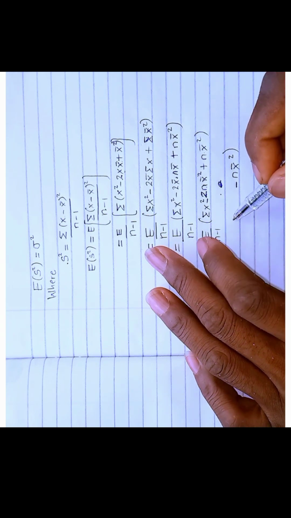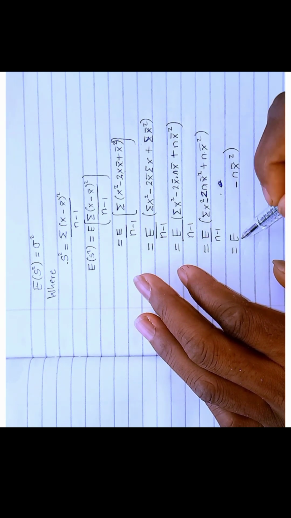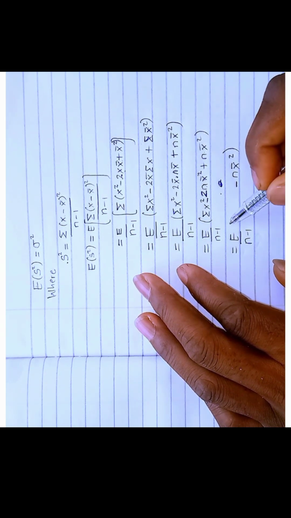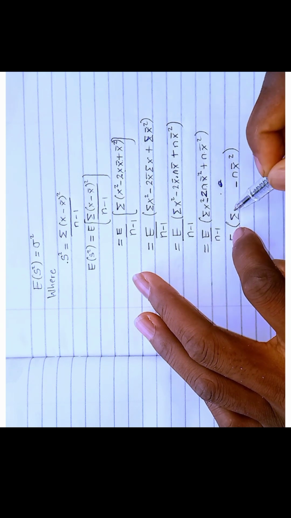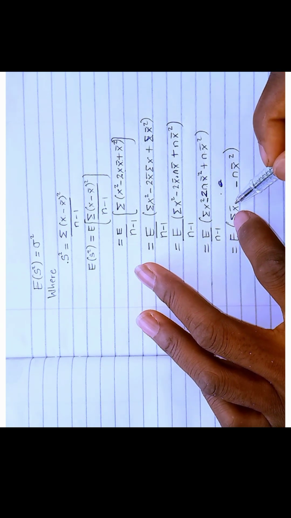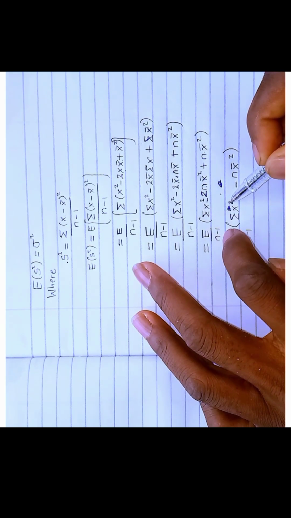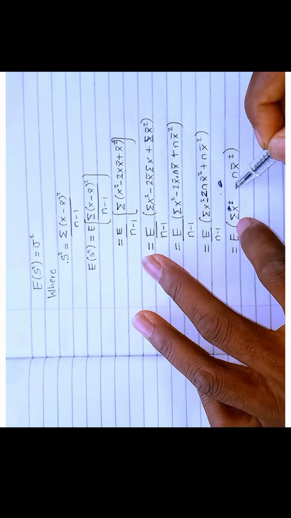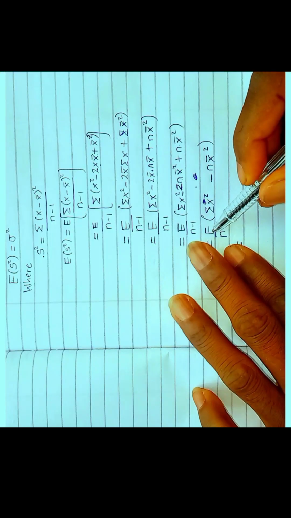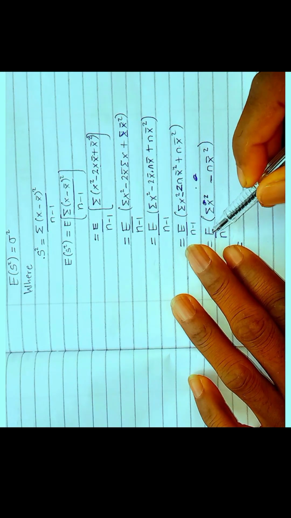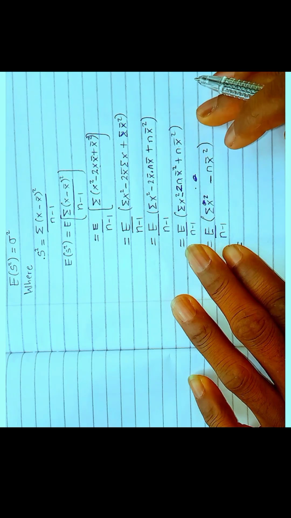So the whole thing will now be the expected value all over n minus 1 of bracket summation x squared minus this. At this point, we are going to be distributing E to the terms in brackets.